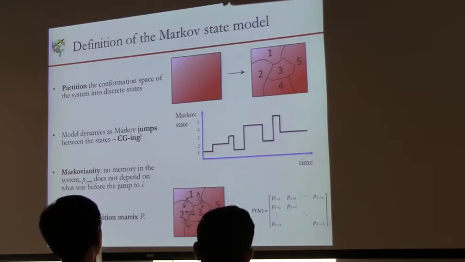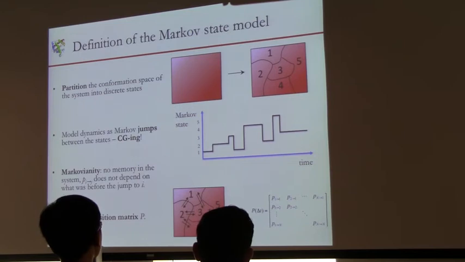Now, is that enough? No, we're missing one key ingredient, and the key ingredient of Markov State Models is Markovianity. Markovianity means absence of memory in the system. So the future of the system depends only on the current state of the system, and it doesn't depend on the past of the system, on the way the system arrived at a given configuration.